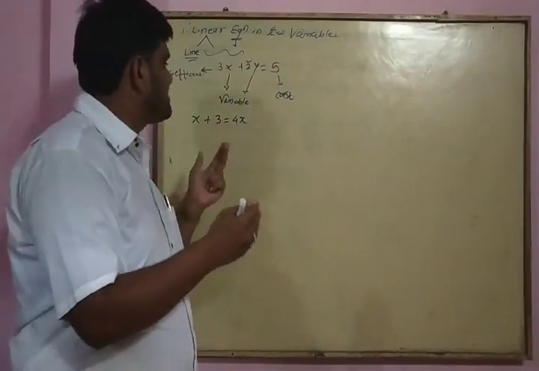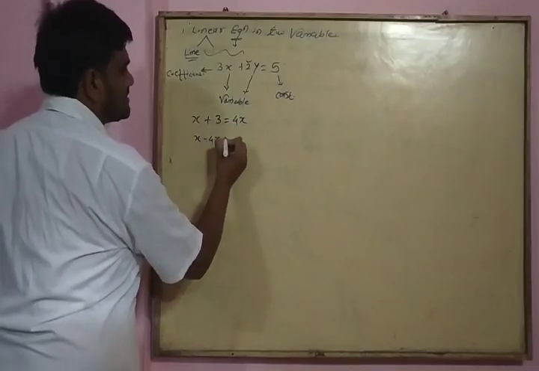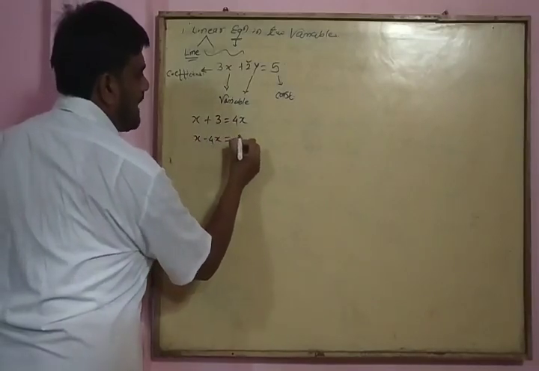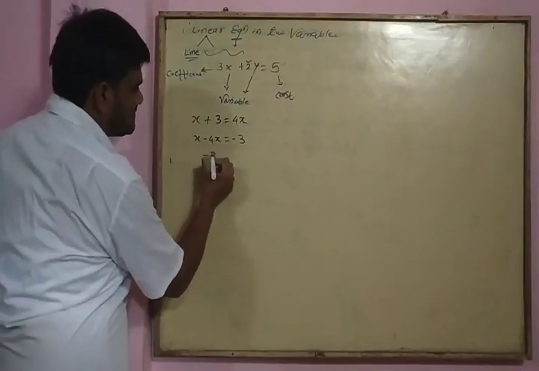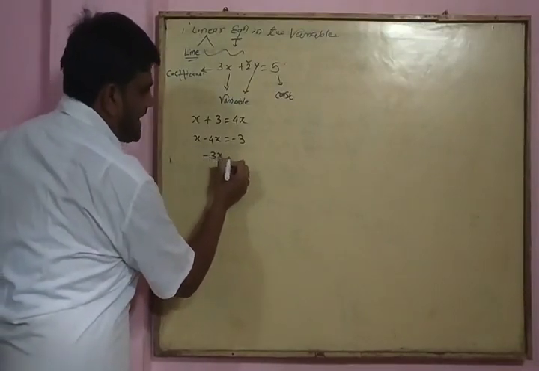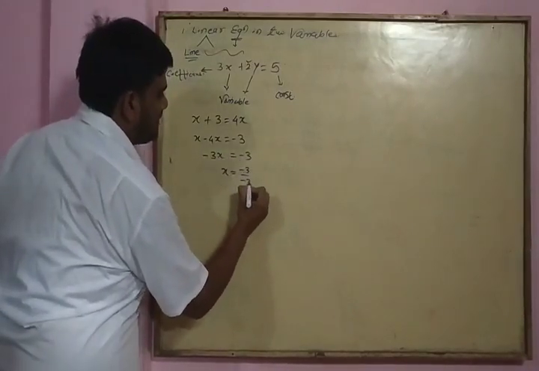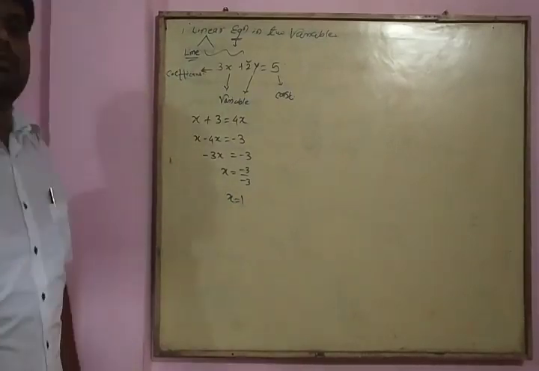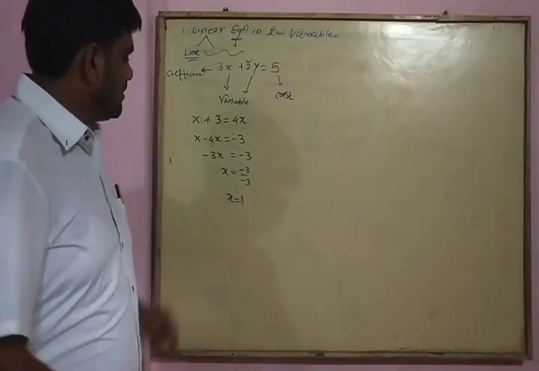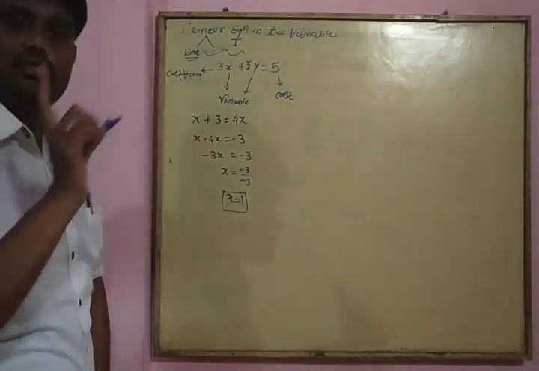When you solve this equation, it becomes x minus 4x equal to minus 3, that is minus 3x equal to minus 3, so x equals minus 3 upon minus 3, that is x equal to 1. So this is an equation in one variable only.